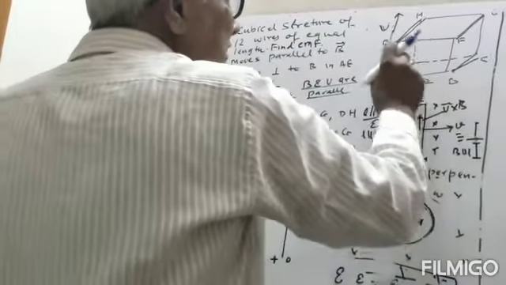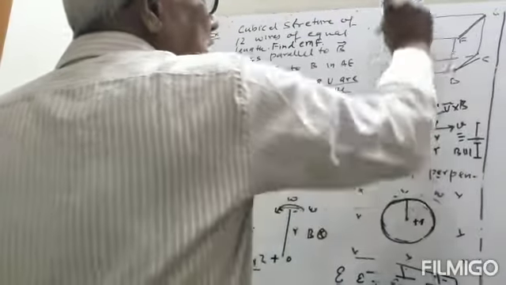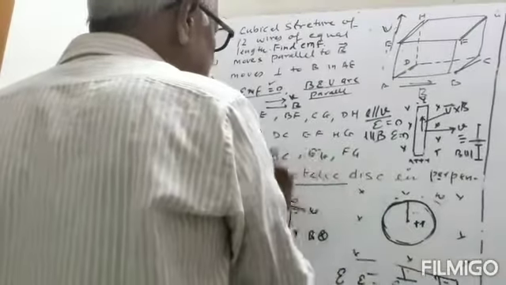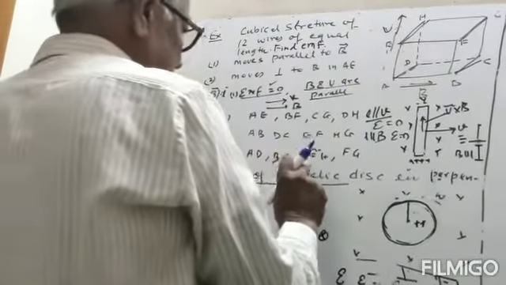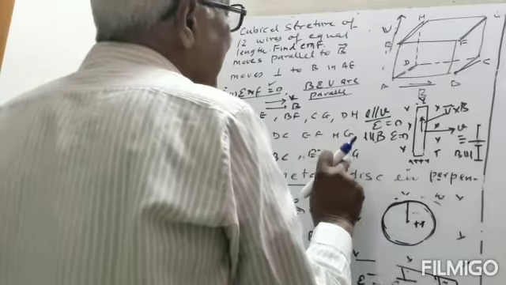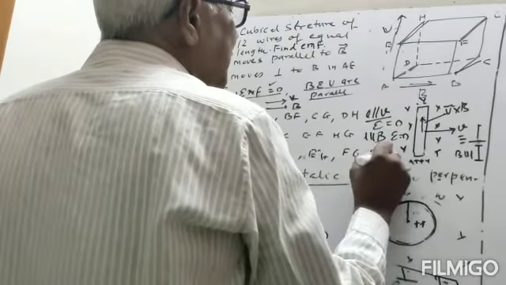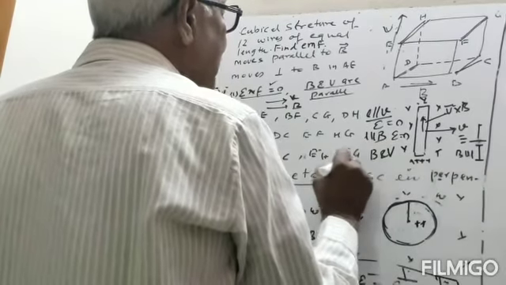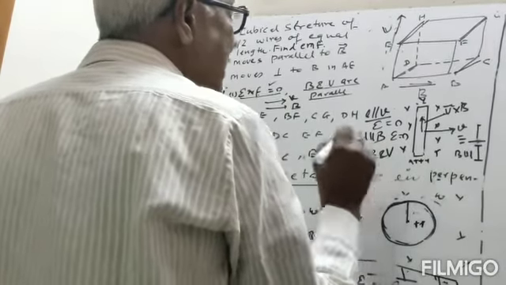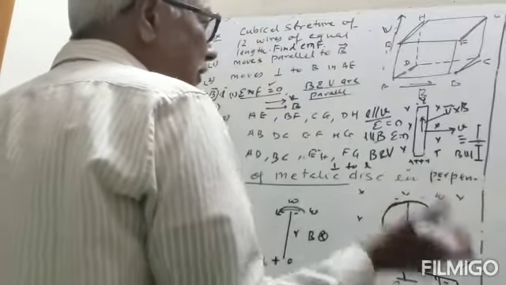V is in this direction, so it is perpendicular to B and it is perpendicular to L. So for AD, BC, EH and FG, B and V both are perpendicular to L. So when they are perpendicular to L, what will be the EMF?